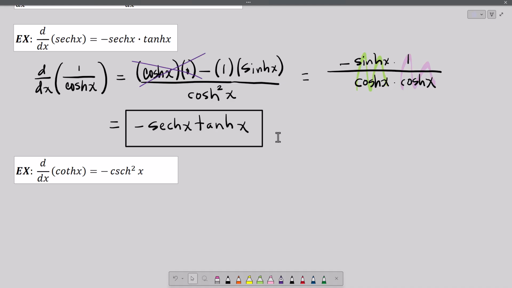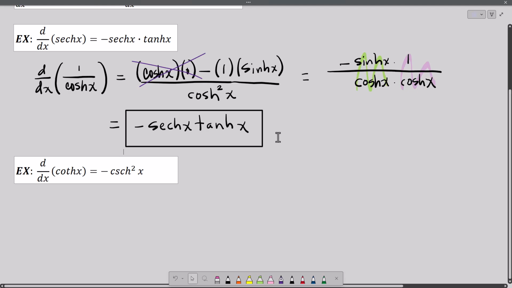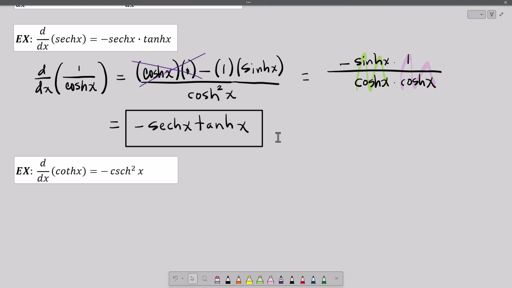Cole. Richard. Hayden. Henry. We're down to one Henry. Daniel. Caleb.